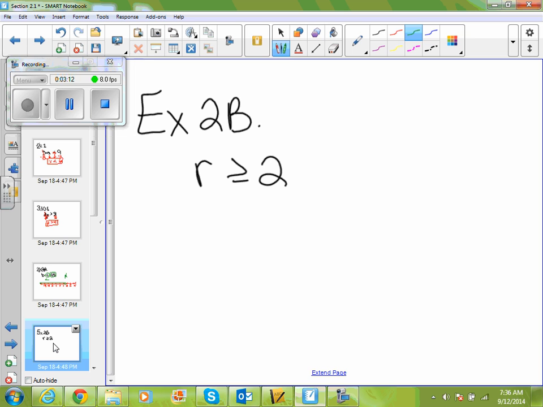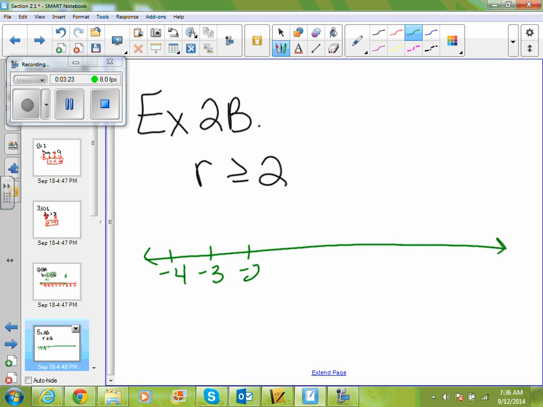Okay, so if we look at r is greater than or equal to 2, we're going to draw a number line again from -4 to 4. Okay, so from -4 to 4.